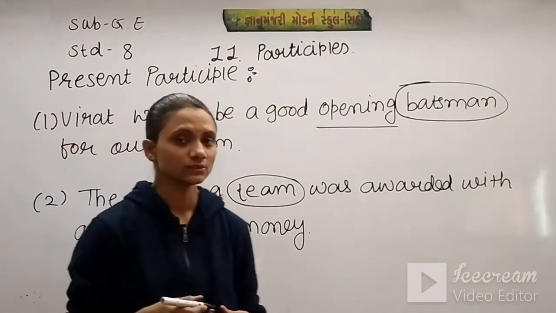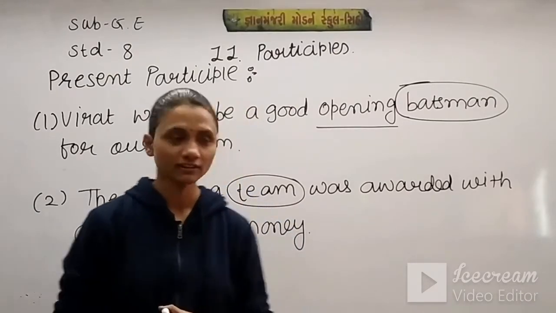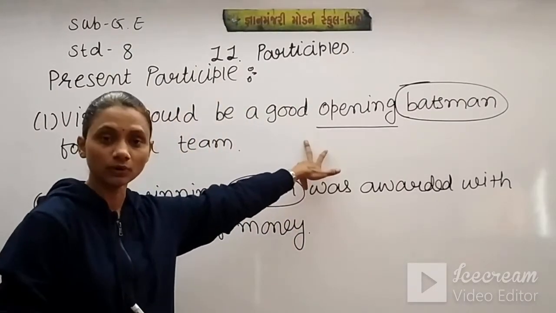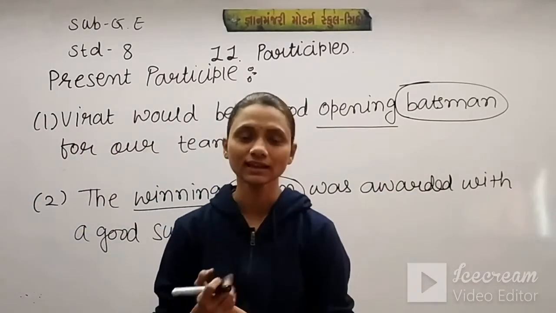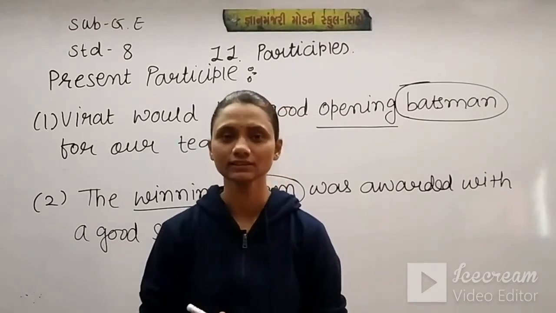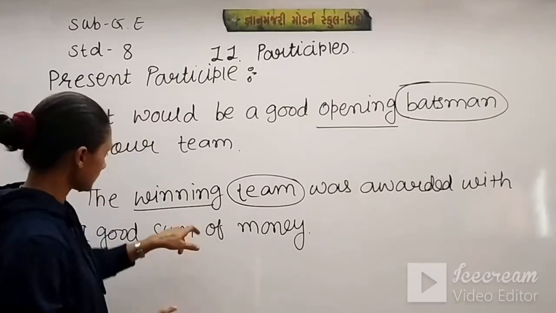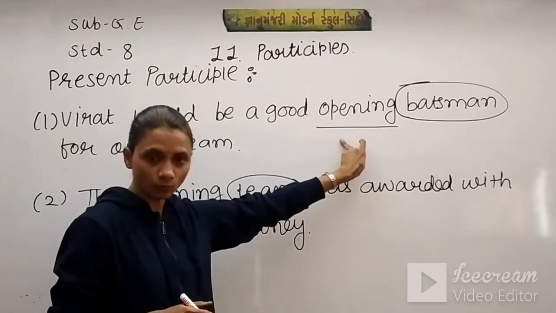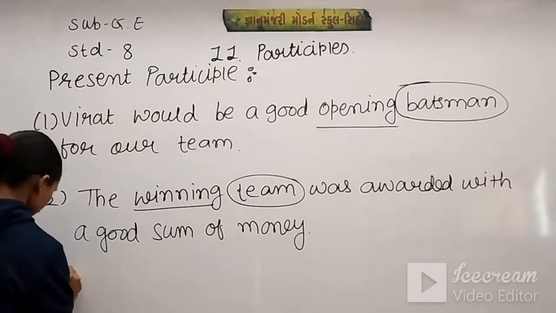The word which modifies a noun is used as an adjective. But what is the definition of participle? A verb with ing which is used as a verb and as an adjective in the sentence is known as a participle. So we can say winning and opening both are present participles.